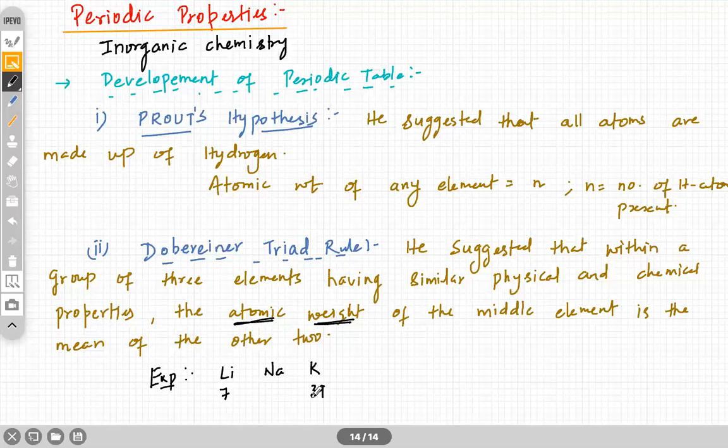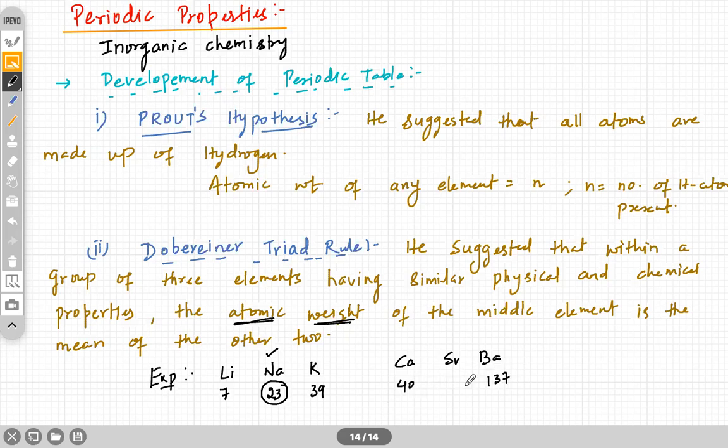If you take the average of the two, that is 23, which is the atomic weight of sodium, and it follows Dobereiner's triad rule. If you take calcium, strontium, and barium, the atomic weight of calcium is 40 and for barium it is 137, and the average value is 88.5. Right, that is the atomic weight of strontium.